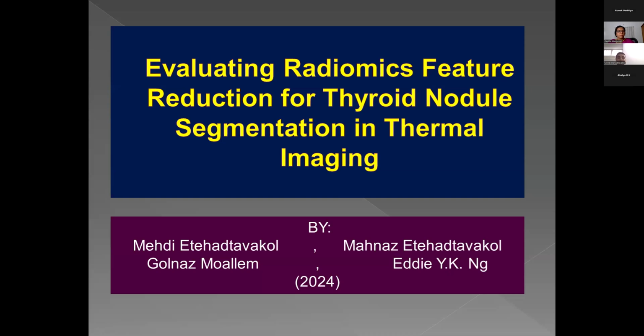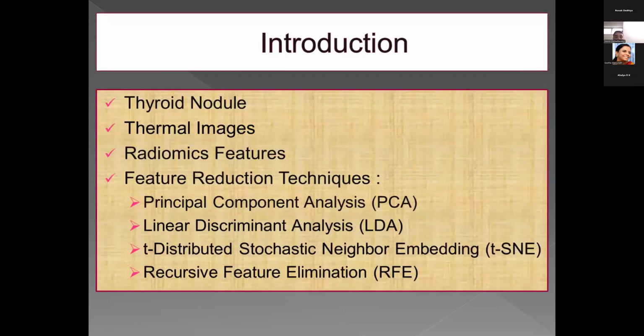Greetings, everyone. I would like to talk about our study titled Evaluating Radiomics Feature Reduction for Thyroid Nodule Segmentation in Thermal Imaging. To better understand the concept of this study, we start with the thyroid nodule.